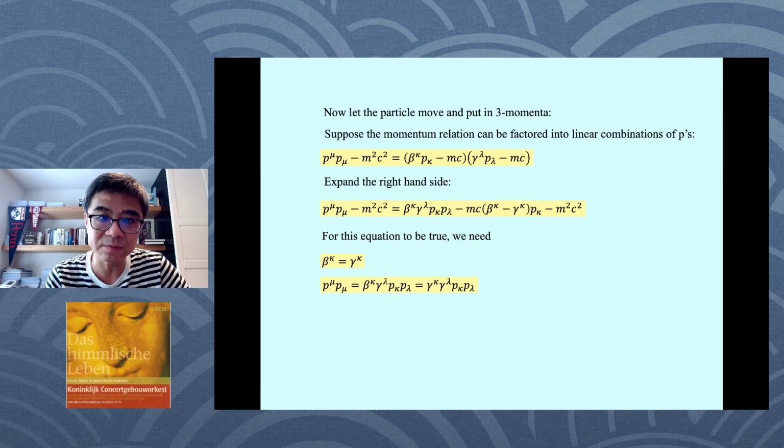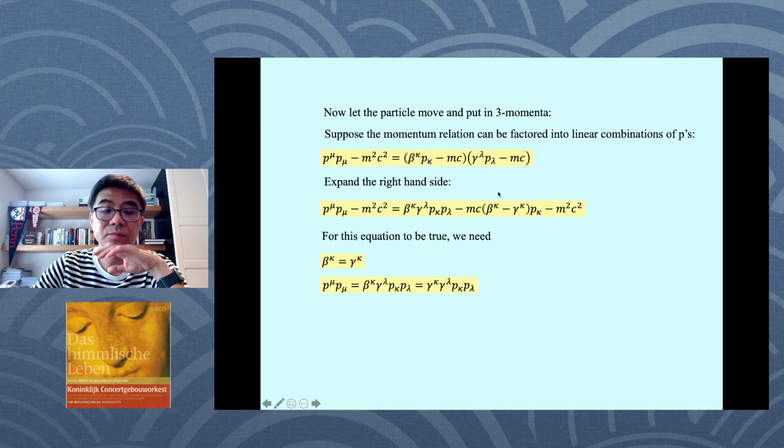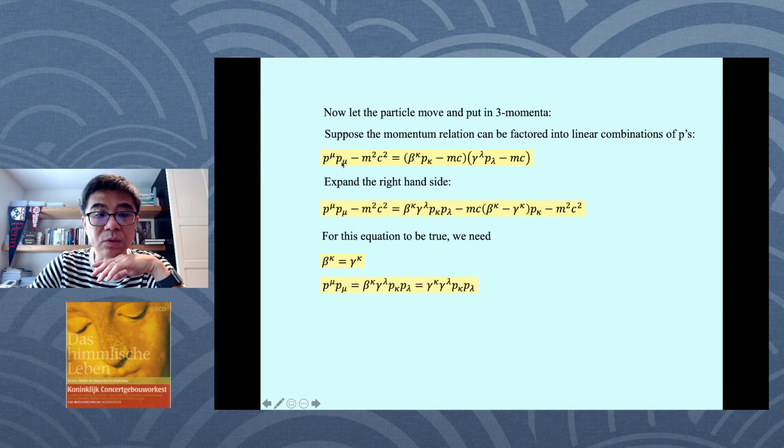not just the rest frame. That is, we now let the particle move and put in the three momentum p vector. Now the energy momentum relation is p mu squared minus m squared.